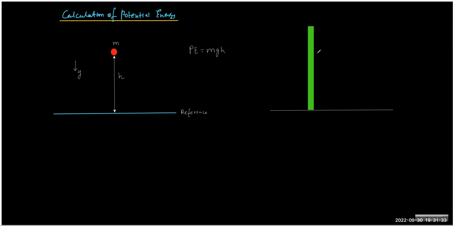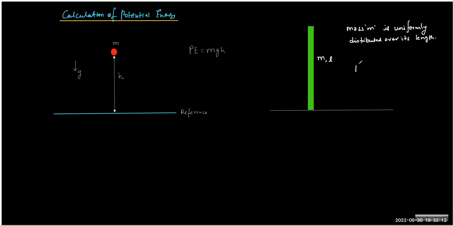And because the mass is uniformly distributed, the entire mass of the rod is capital M and the length is L. And what is given is that mass M is uniformly distributed over its length. Simple.